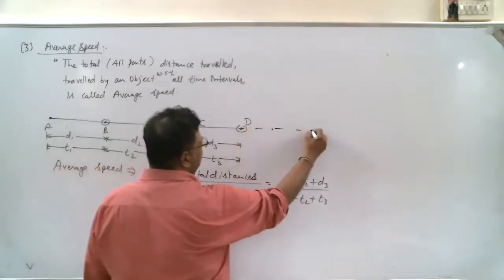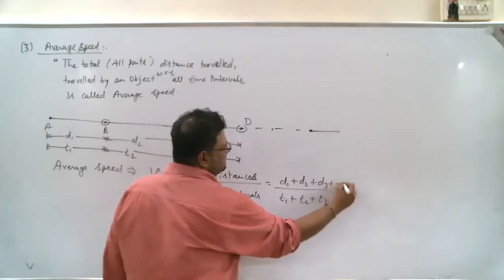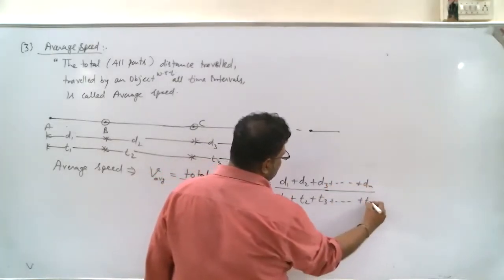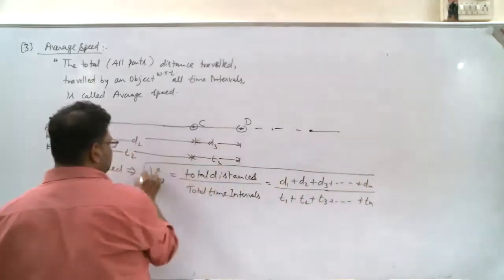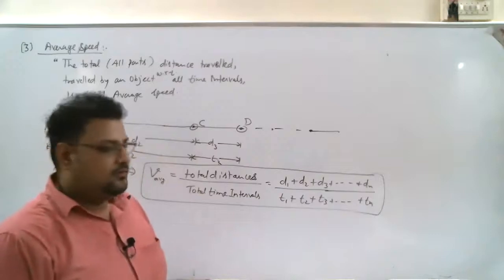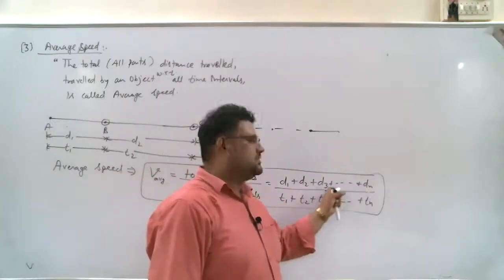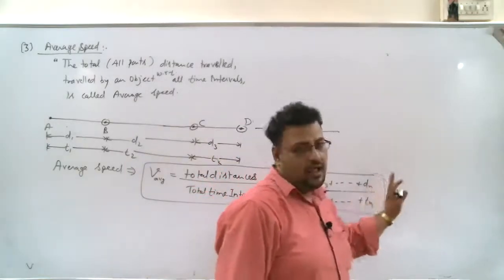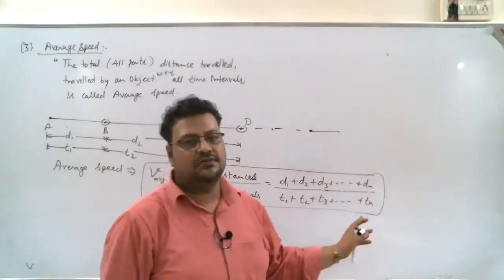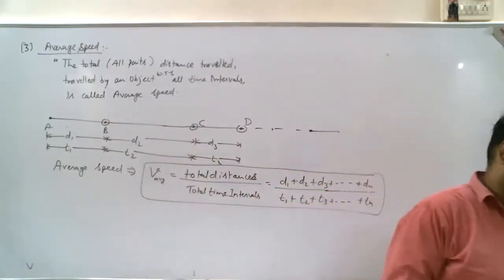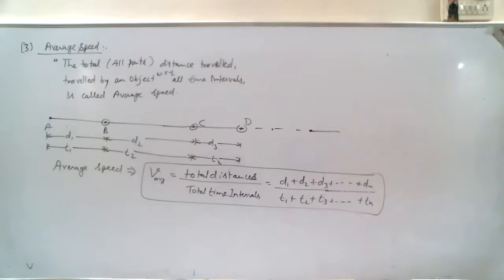Similarly, if there are n different parts, then this formula will be extended to whatever parts it has traveled. So in general, d1 plus d2 plus d3 and so on up to dn, upon t1 plus t2 plus t3 up to tn. For example, for 10 distances, d1 plus d2 up to d10 upon t1 plus t2 up to t10. Got it? So that is the average speed. I guess this is pretty much clear to you.